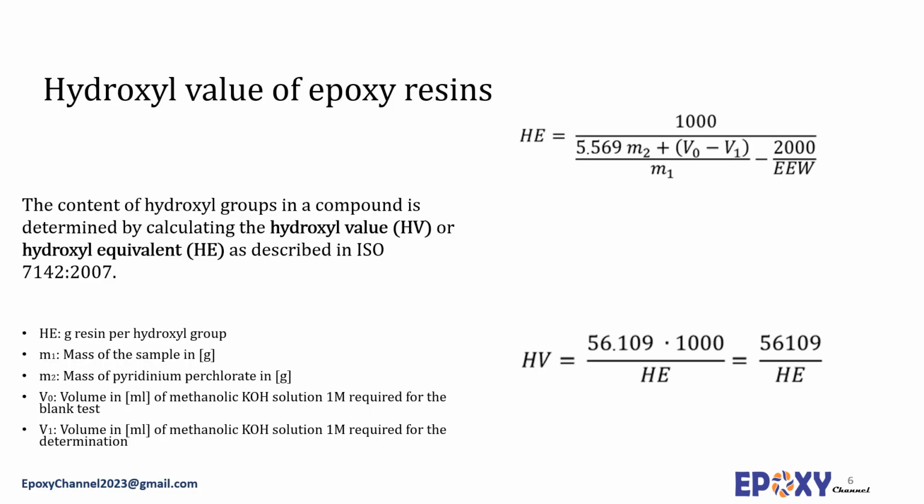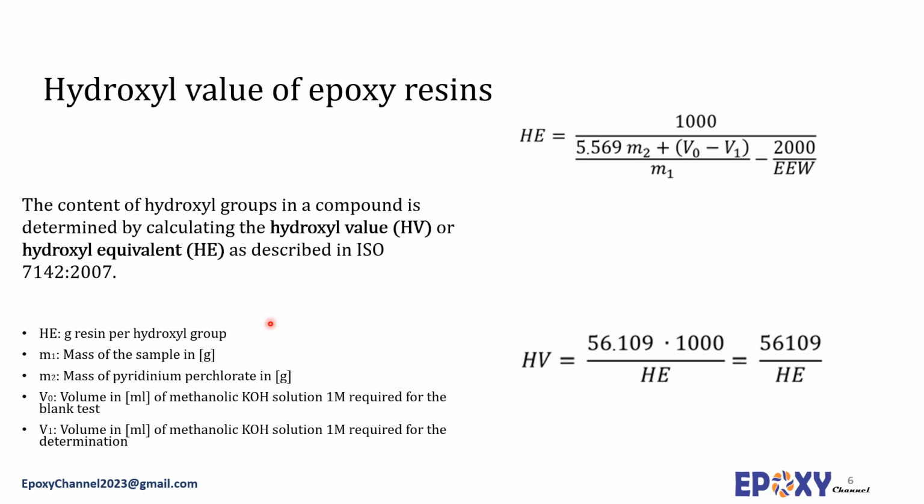The content of hydroxyl groups in a compound is determined by calculating the hydroxyl value HV or hydroxyl equivalent HE as described in ISO 7142. Just to recall, we said that easily by treatment with acetic anhydride and pyridine followed by titration, it can be measured.